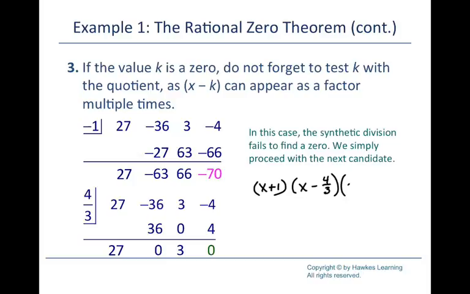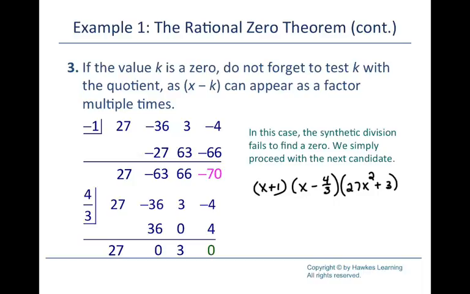And we have 27x squared plus 3. That's a constant. So we know that much. Now we're down to a quadratic, and chances are we're not going to be able to factor it. We'll talk about that in a minute, but we're going to go with this.